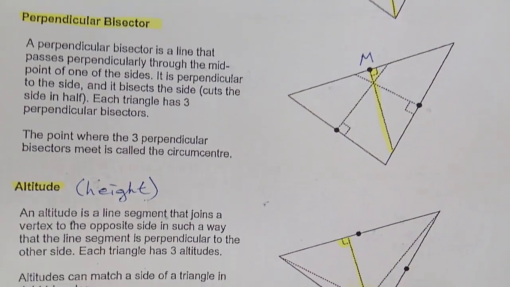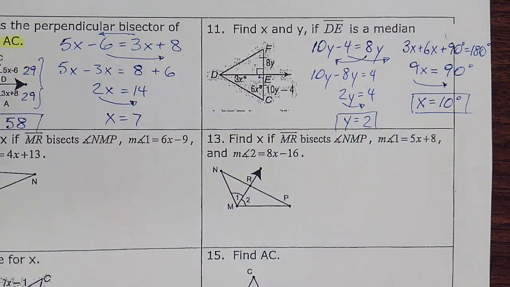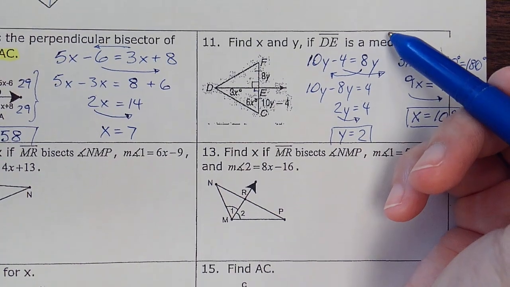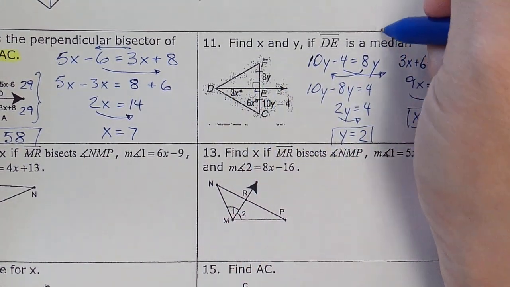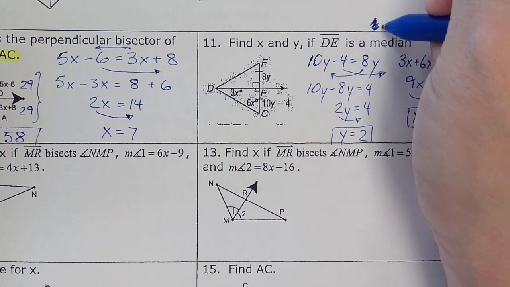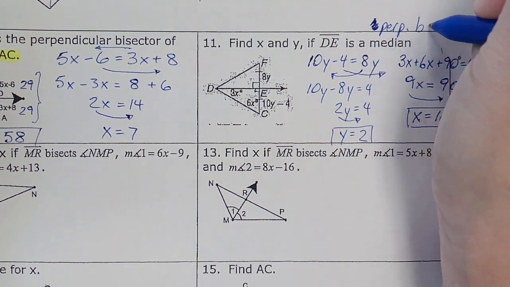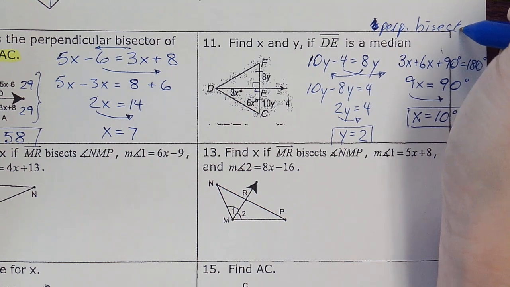Midpoint, 90-degree angle. Which of the three? Perpendicular bisector. So this line right here, DE, it's a median, but it's also the perpendicular bisector. It can be both.